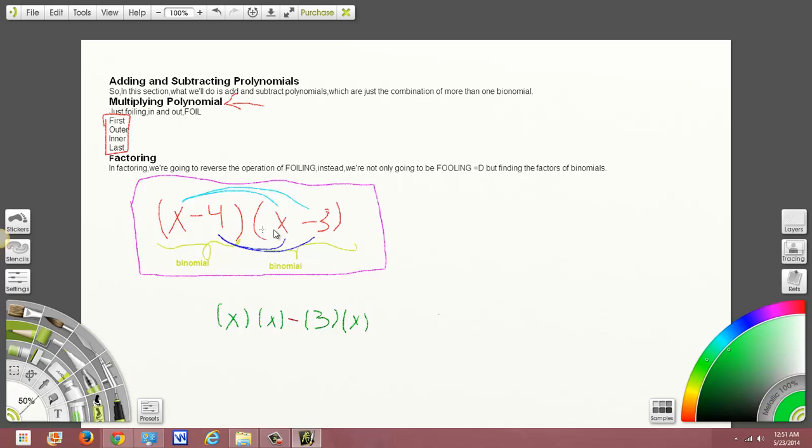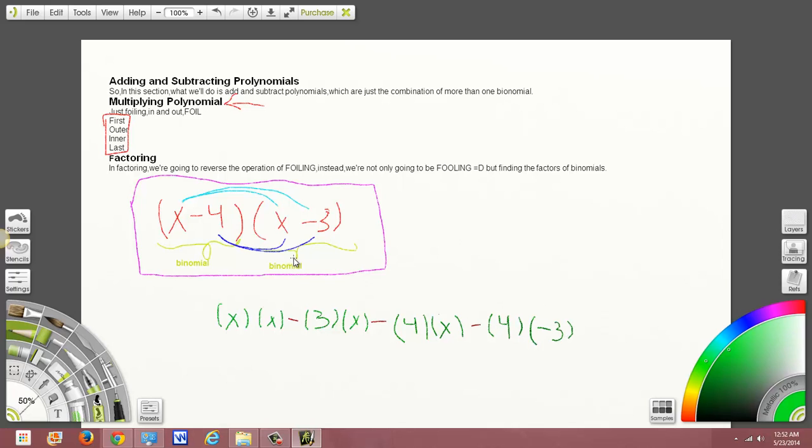Next we do 4 times x, minus 4 times x. So add that minus sign. Minus 4 times x. And last thing we're going to do is minus 4 times minus 3. So add that minus sign, and 4 times minus 3.